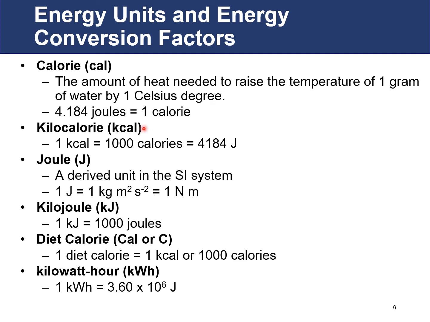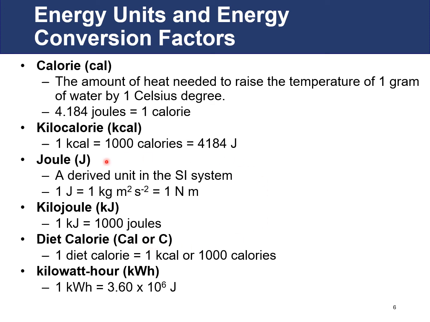This kilocalorie is the same as the dietary calorie. So 1 kilocalorie is a calorie in terms of food. The dietary calorie is written with a capital C as opposed to a lowercase c. The dietary calorie is actually a kilocalorie, but it gets called just a calorie.